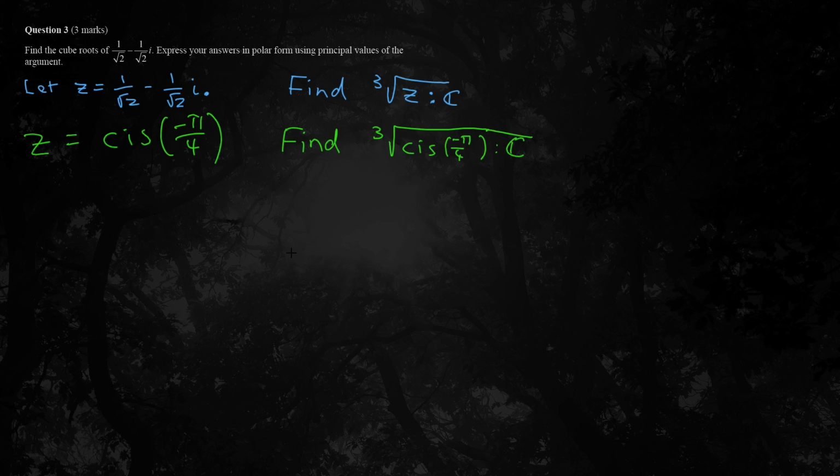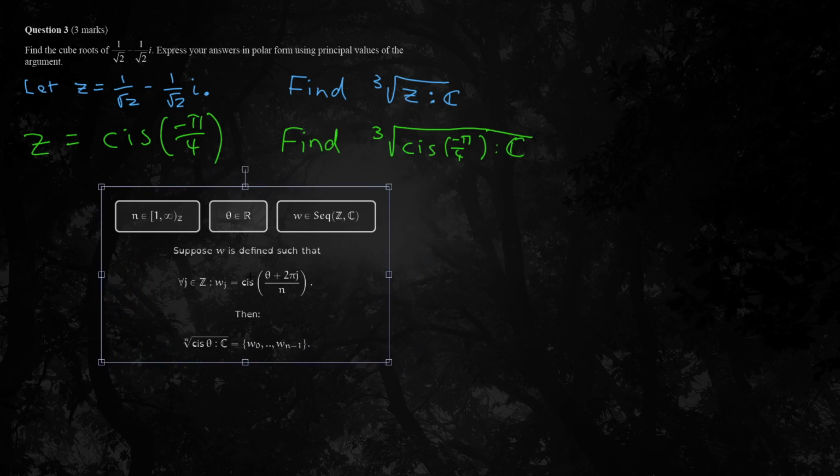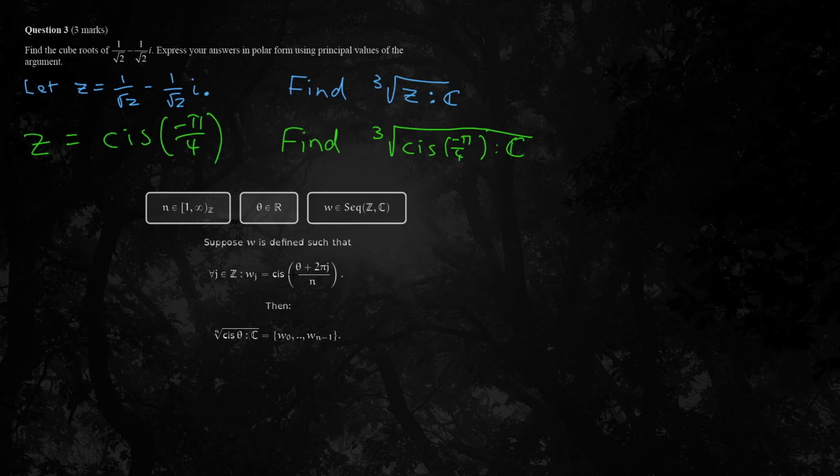And to do this, there's a theorem we can use. It looks a little bit complicated, but it's much simpler than it looks. So let's just go through it one bit at a time. So here's what we're trying to find. It's the nth roots of cis theta viewed as a complex number. That obviously is the form of the thing that we're trying to find.